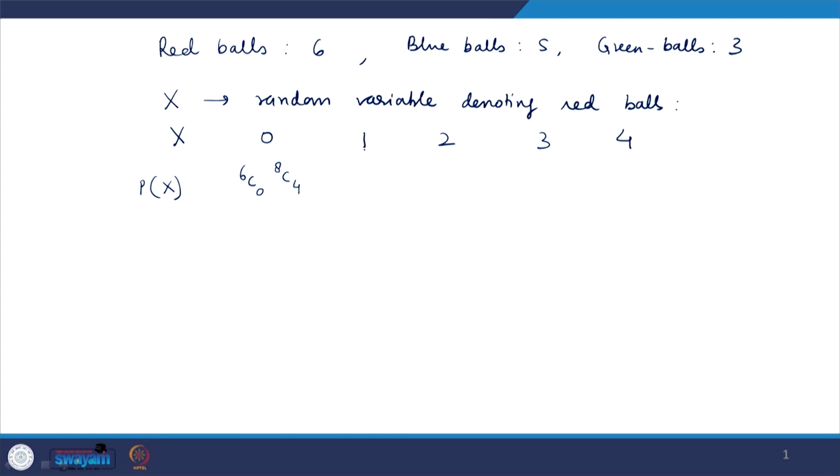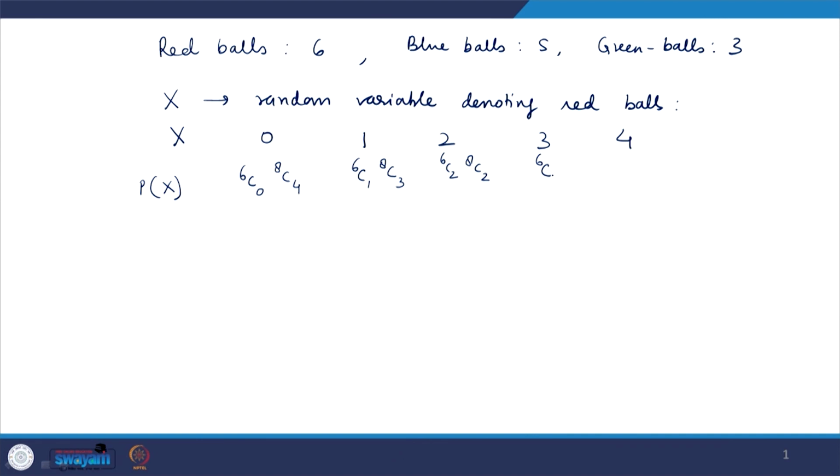Now for one red ball, from 6 red balls we are taking out 1, and from the 8 remaining balls, blue plus green, we are taking out 3 balls. For 2 it is 6C2 and 8C2. Then for x equal to 3, we are taking 3 red balls out of 6, so this will be 6C3 and 8C1.